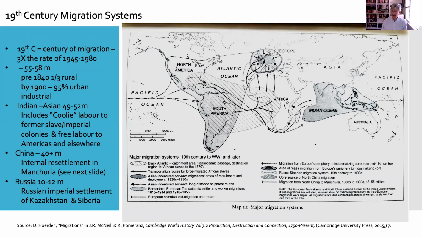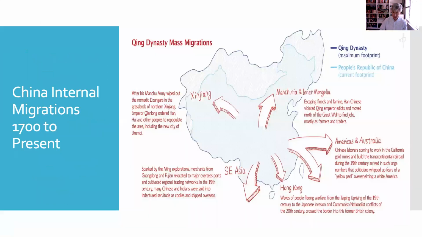Many of these existed in a liminal space between freedom and unfreedom. They weren't slaves, but they weren't particularly free to come and go either. Again, we talked about internal resettlement of Russia and of China.